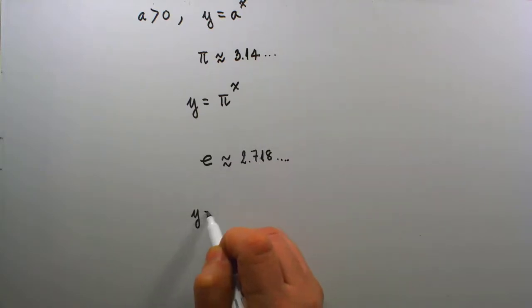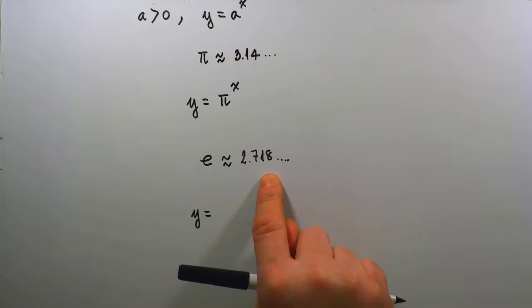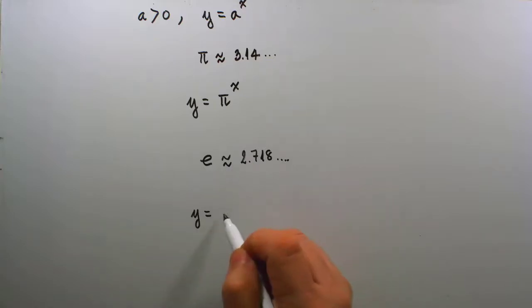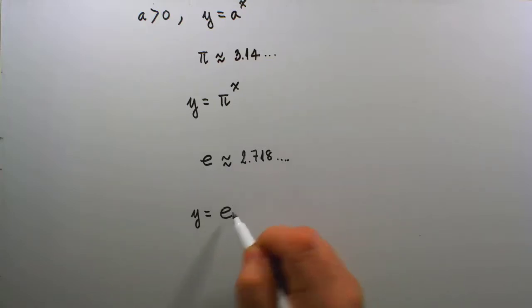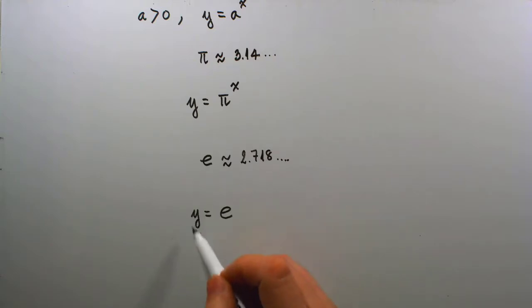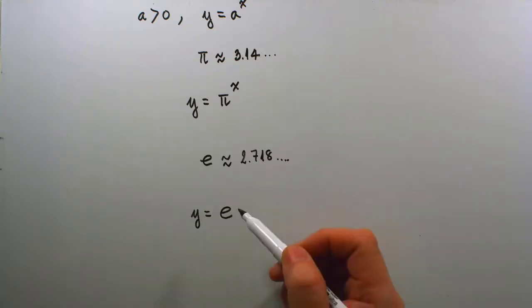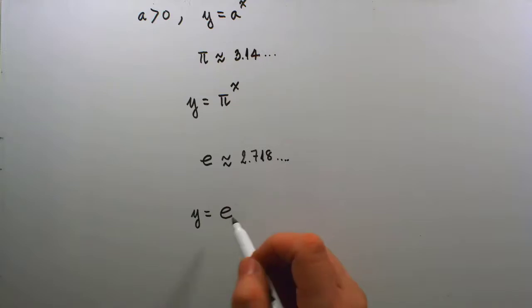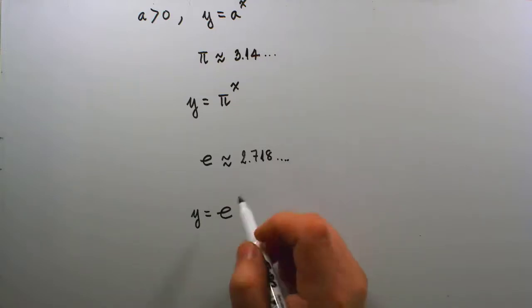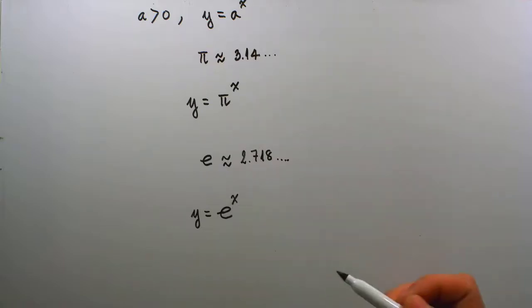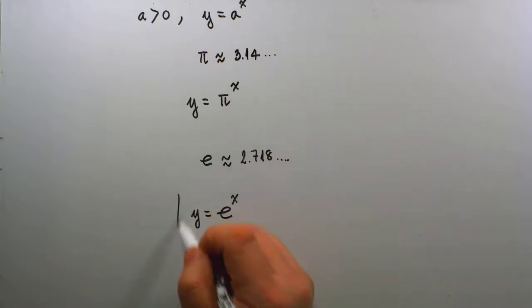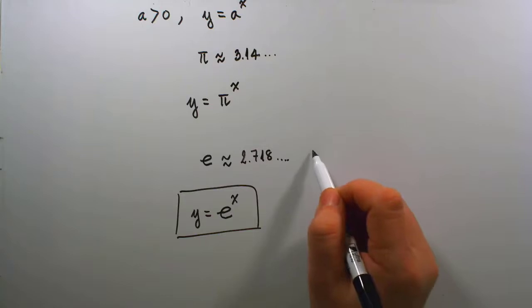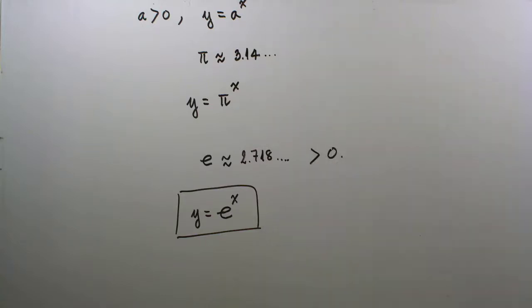Simply being a constant greater than 0, we can define just fine an exponential function with base e. Instead of base 2, instead of base 3, we can define an exponential function with base e, and the function comes out as y equals e to the x, where this base is simply a positive constant.